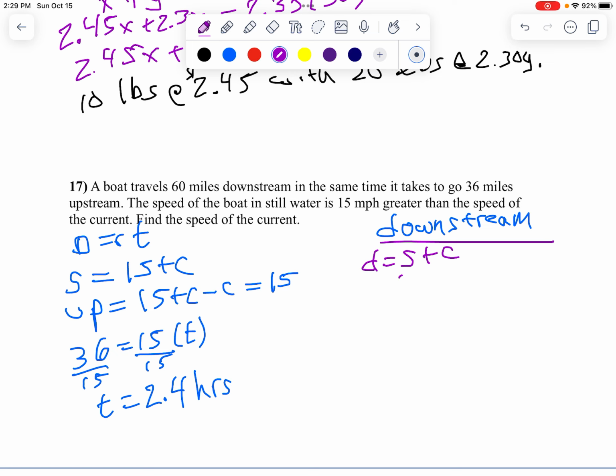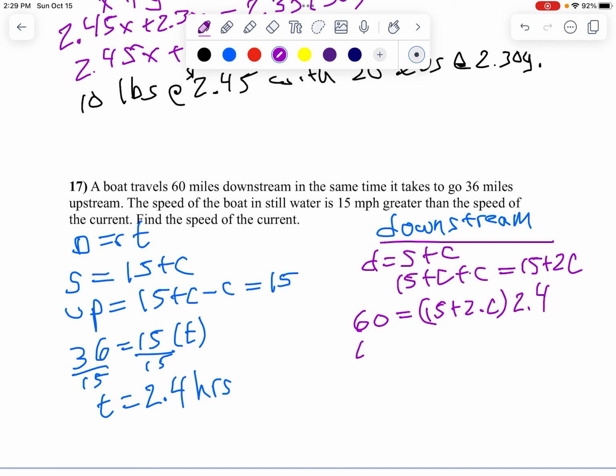So in other words, it would be 15 plus C plus C, or 15 plus 2C. So then I know my distance when you're going downstream is 60 equals our speed, which is 15 plus 2C. We're going to multiply that by our time, which now we know is 2.4.